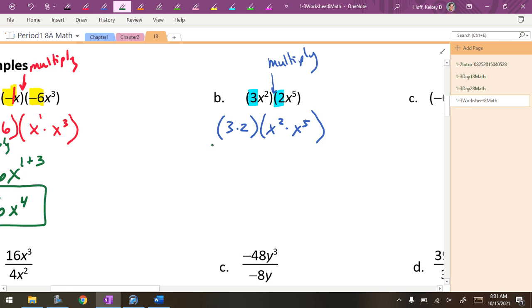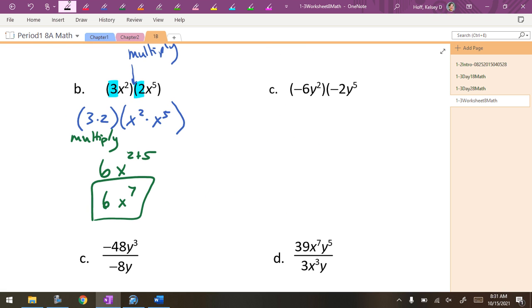We actually multiply these first 2 numbers. Everyone, 3 times 2 is 6. Then we keep the base. What's the base? X. And we add our exponents. 2 plus 5, 6x to the 7th. Okay?